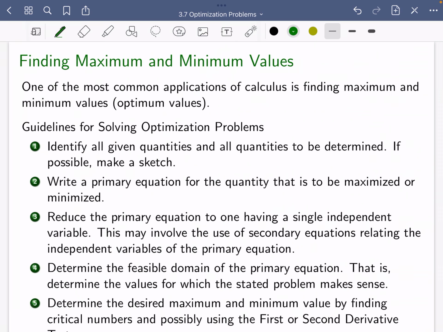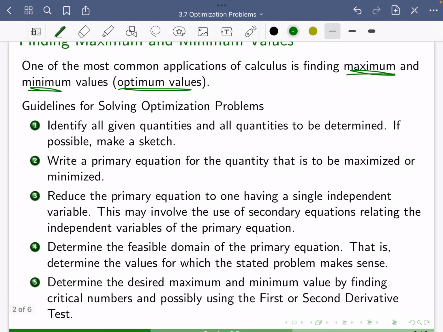As we look at finding the maximum or minimum values, those are our optimal values. Some general guidelines that we might use: first identify all given quantities and all quantities to be determined.